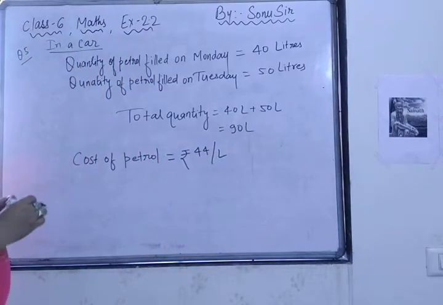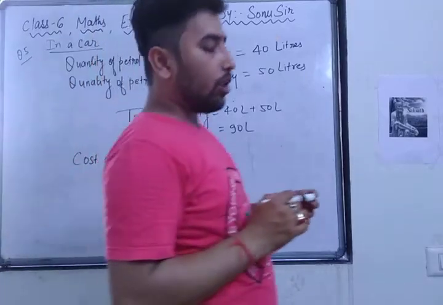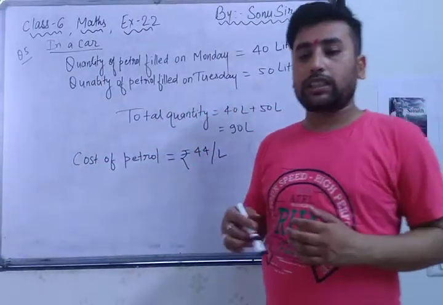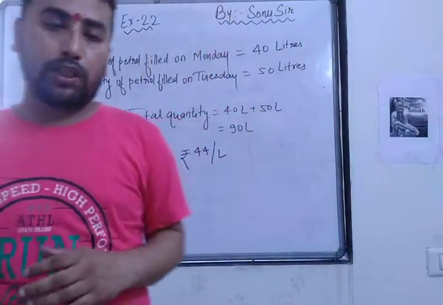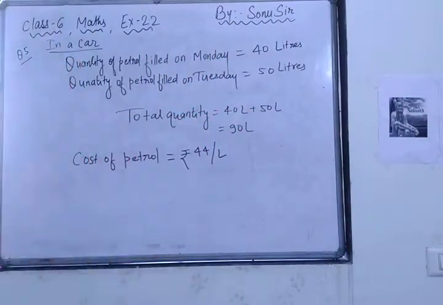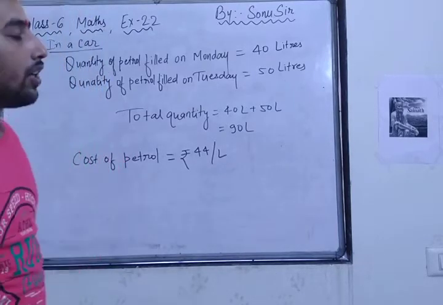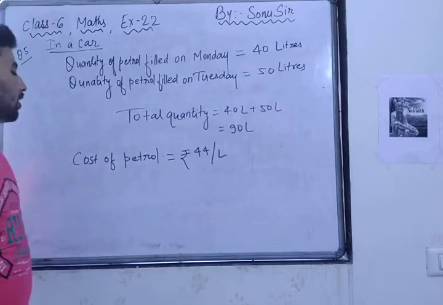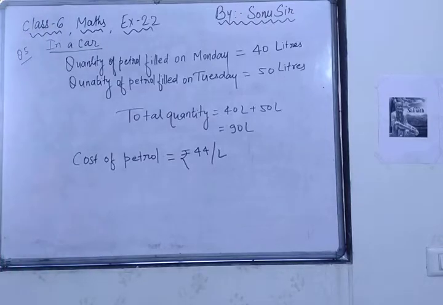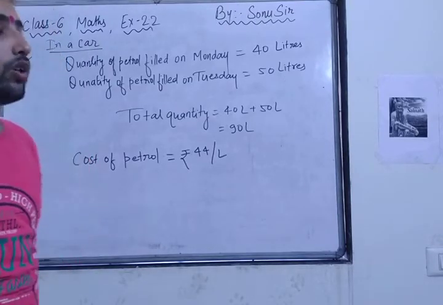Got it? Now what you have to find in the question, how much did he spend in all on petrol? The question is about this. You can see a car owner had filled petrol on Monday 40 liters and next day he filled 50 liters. The cost of petrol per liter is 44. Then find how much did he spend on petrol.